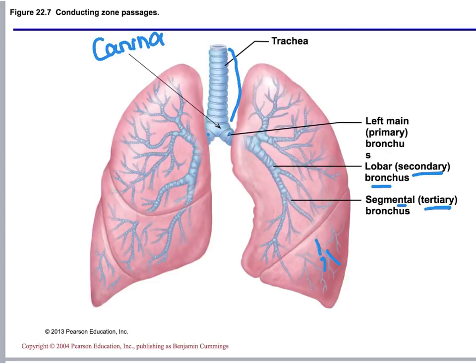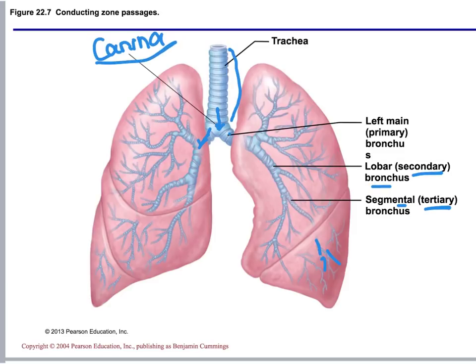The right, on the other hand, is wider and shorter, and it's in more of a vertical position. For that reason, in a lot of cases, if any foreign object passes through the carina, which I'll tell you about in just a second, the possibility of it landing in the right side is greater than the left side, okay?